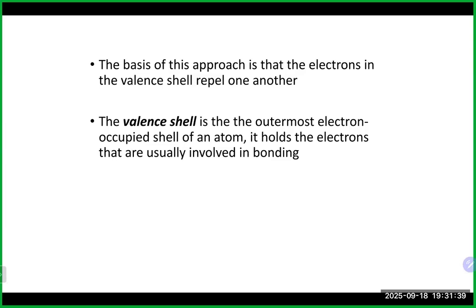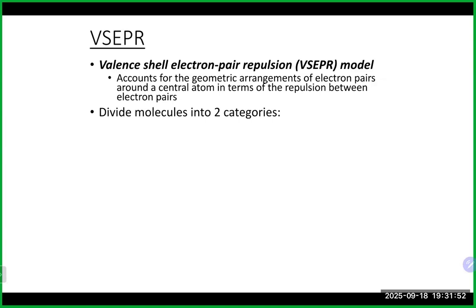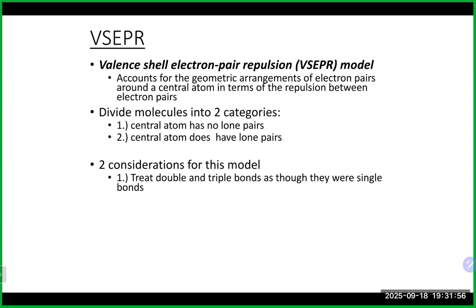And what that provides is some different shapes or geometries for our molecules as those electrons ultimately are trying to basically escape each other. So that is what is known as VSEPR, which stands for valence shell electron pair repulsion model.